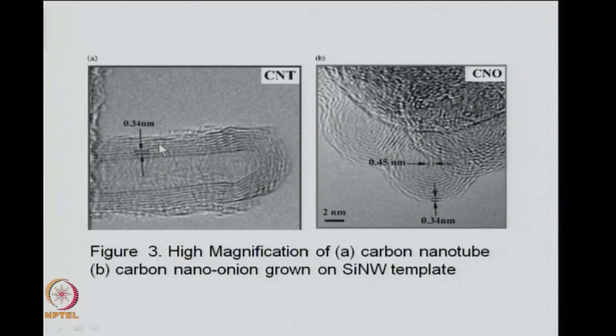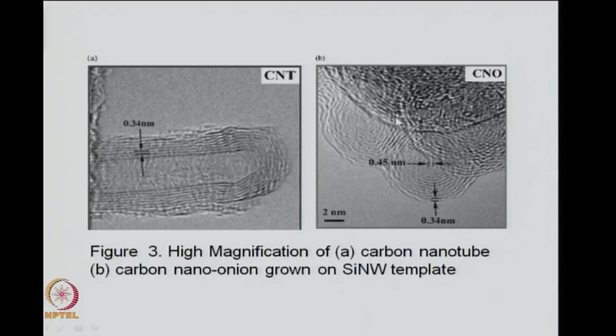Depending on the voltage, the wavelength of the electron can be modulated, and the wavelength of the electron can be of the order of 0.05 or 0.02 angstroms, and so you can see objects which are very, very small. And so, here is a carbon nanotube, and you can see the different layers of carbon, and this is a typical thickness between the walls of two carbon layers of around 3.4 angstrom or 0.34 nanometers.